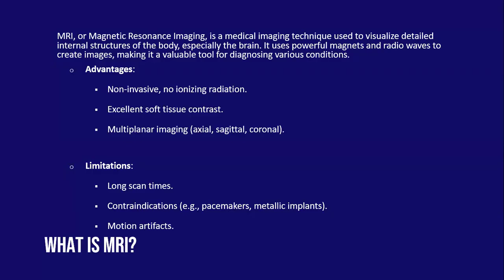Now, there are several advantages of an MRI. It's non-invasive and there's no ionizing radiation, as I've said earlier. It's excellent for soft tissues, and it gives a distinct contrast. This contrast in the different tissues comes about because the tissues contain different amounts of water, and based on that, you'll be able to see different intensities.